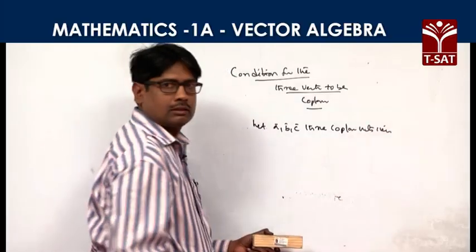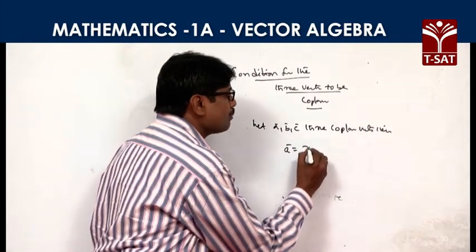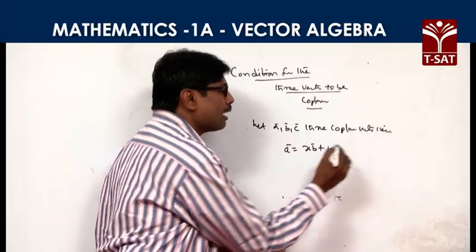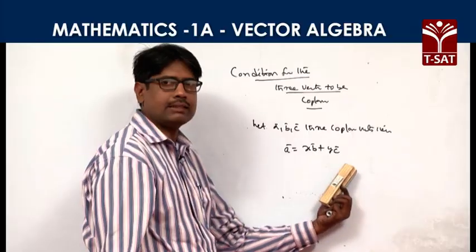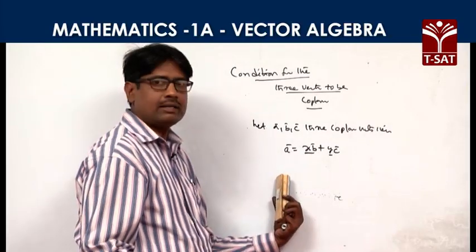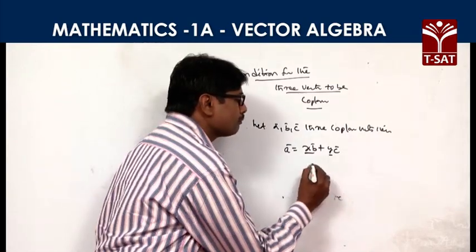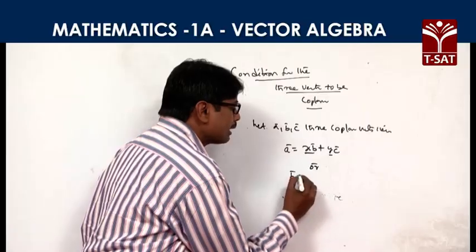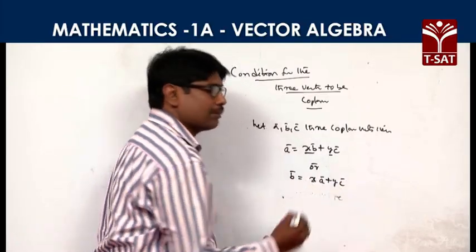Then the vector A bar can be expressed as a linear combination of B bar and C bar uniquely. There is no rule that A bar only should be in terms of B bar and C bar; the vector B bar can be expressed as x times A bar plus y times C bar uniquely.